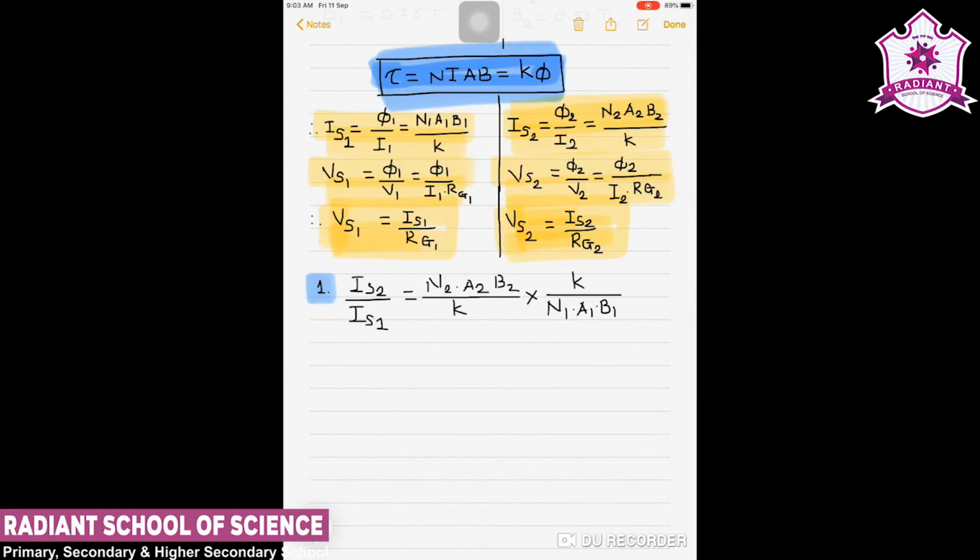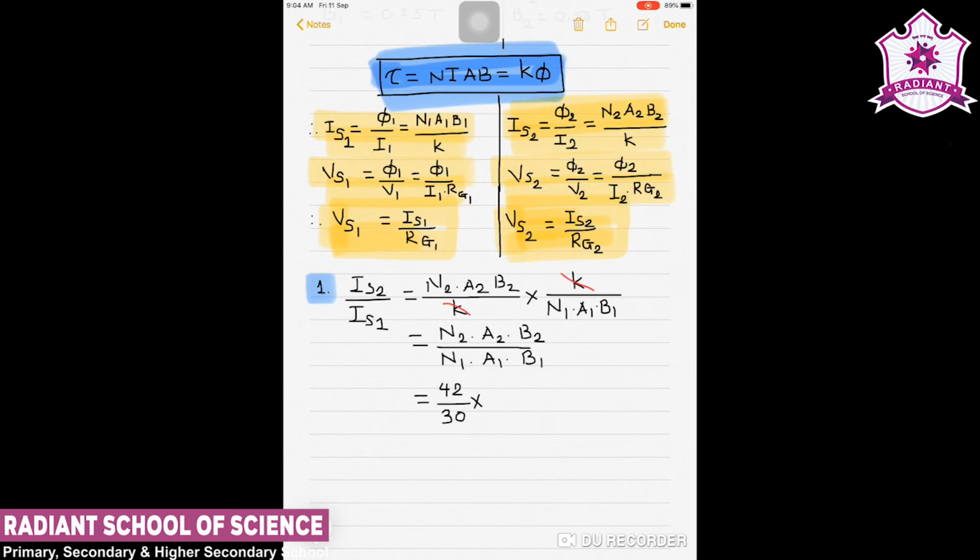Now we just have to simplify this. We are already given that K is the same in both cases, so there is no need to write it. Now just take the ratio, that is N2 A2 B2 over N1 A1 B1. We are already provided all the information: N2 is 42, at the same time N1 is given as 30.